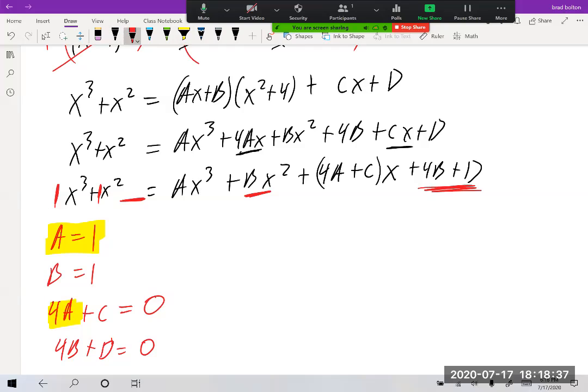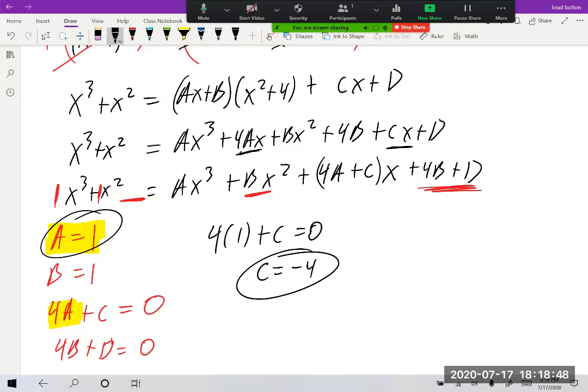So I could just say 4 times 1 + c equals 0. So then c equals -4, right? Boom. I got c, I got a, I got b. What's the only thing left? I need d. So we have 4 times b, but we know that b is 1, plus d has to equal 0. So then d is -4.